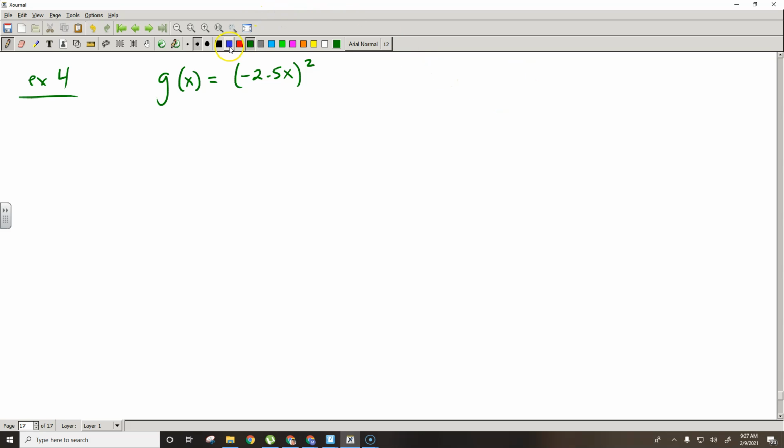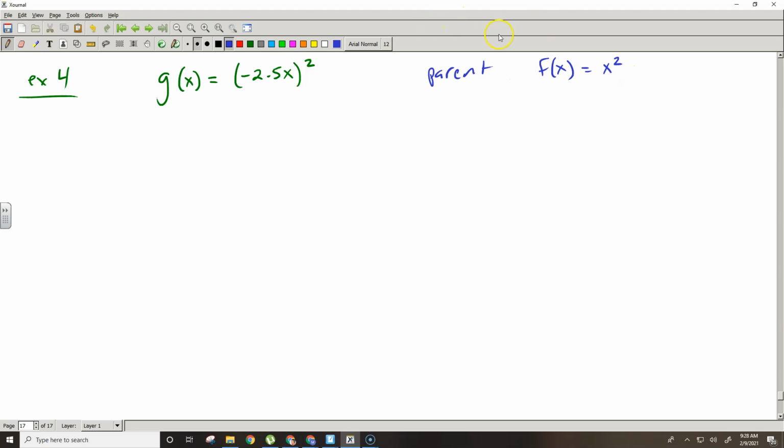So let's think about the parent function, right? The parent function, f of x, would just be x squared, right? So when we think about what this is going to be, is this going to be a vertical or horizontal stretch, right?